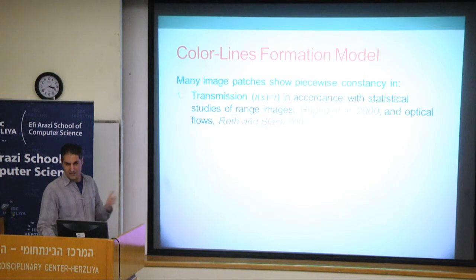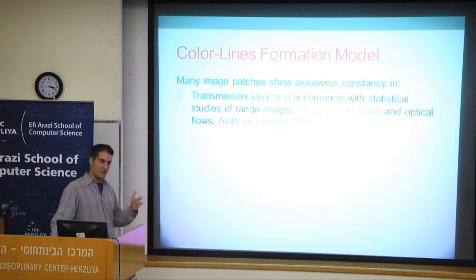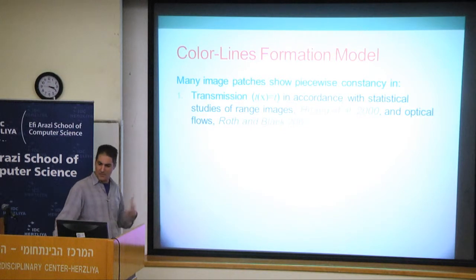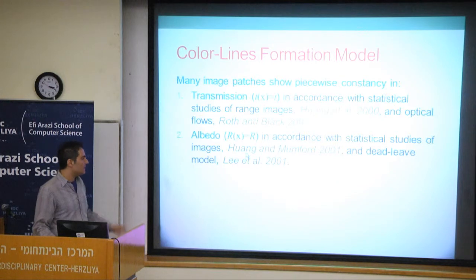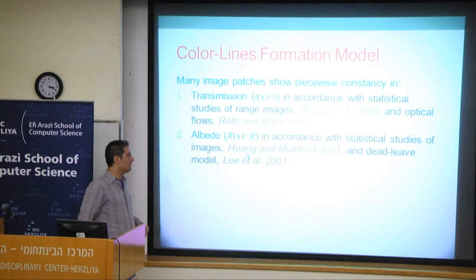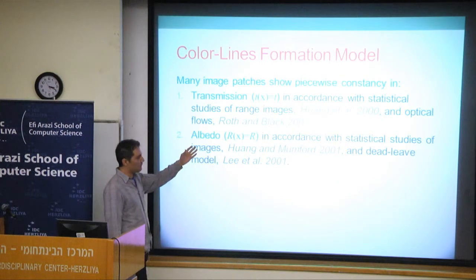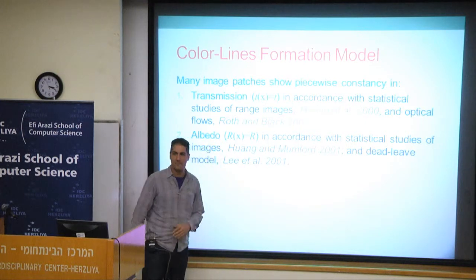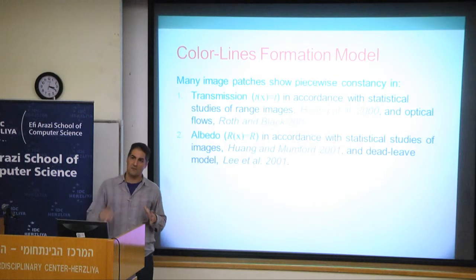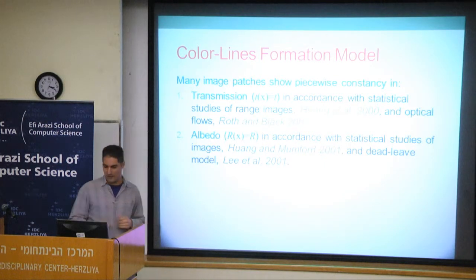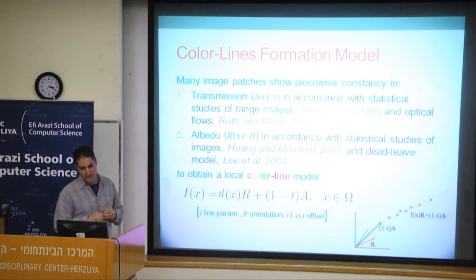Actually, this is not a very surprising finding. People have studied the statistics of range images, of depth images, and found very similar behavior. We'll follow the assumption that the previous method used, which is that the albedo of the surfaces is constant in many patches. Nevertheless, unlike the previous method, the new method will have the ability to verify this assumption as well.